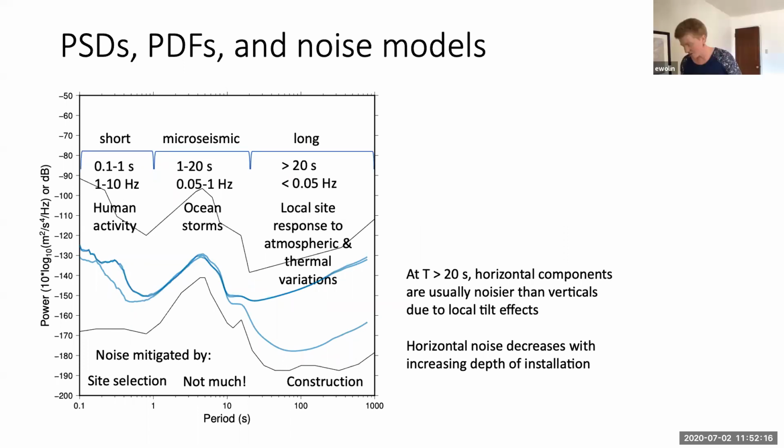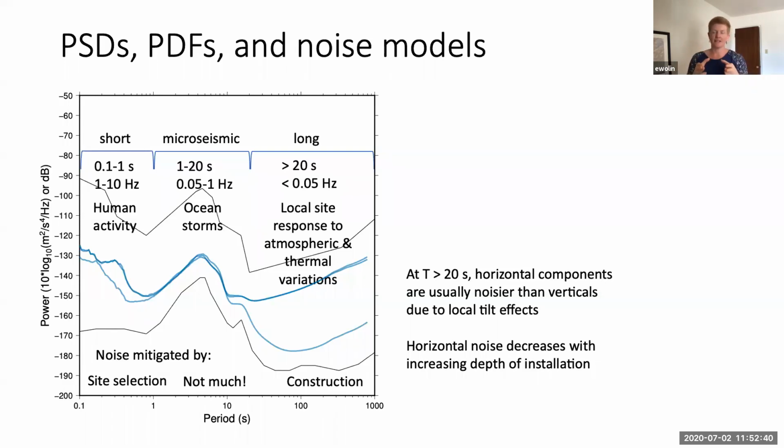Yeah, absolutely. So yes, tilt is an issue at long periods, and I'll put a link to a good write-up of this in the new manual of seismological observatory practice that's put out by the GFZ in Germany. But basically, it has to do with the fact that a tilt maps much more onto the horizontal components than the vertical.